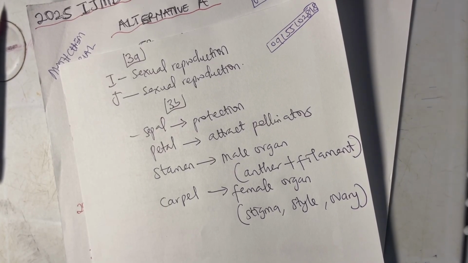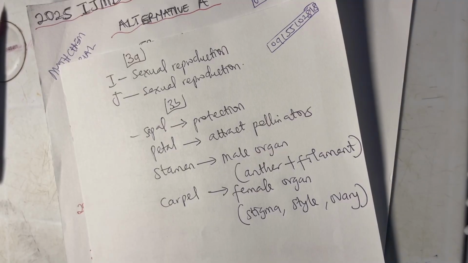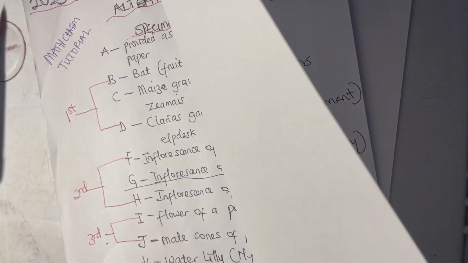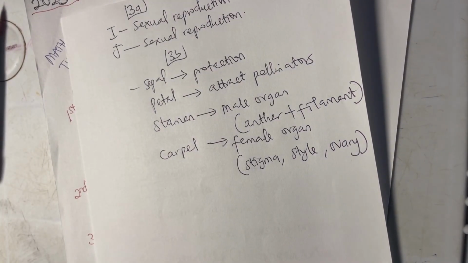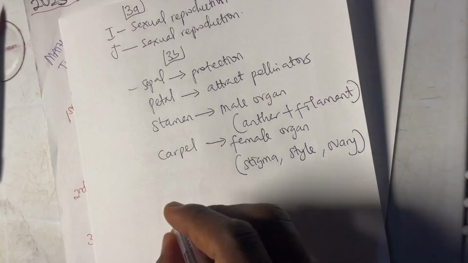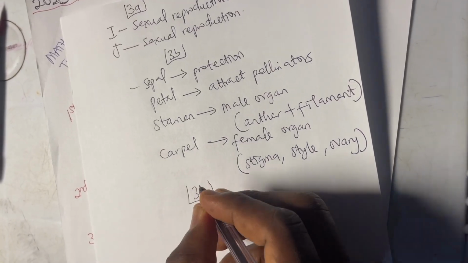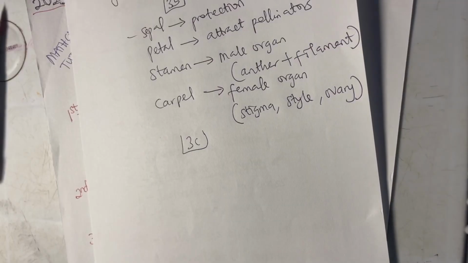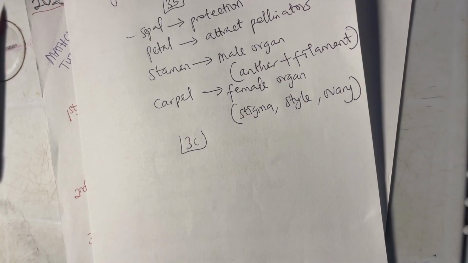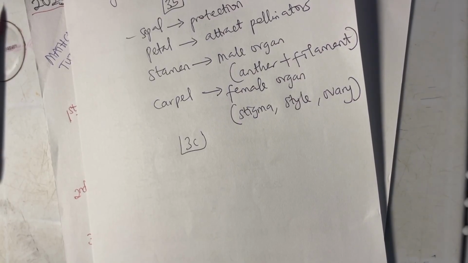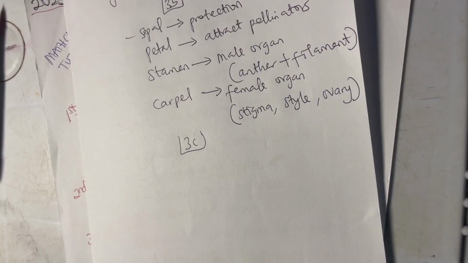Another question they can ask you based on these two specimens, I and J, is to draw. Let me call this 3C. They can ask you to draw specimen J and label maybe 4 parts. They can say you should draw using 10 to 12 centimeters.